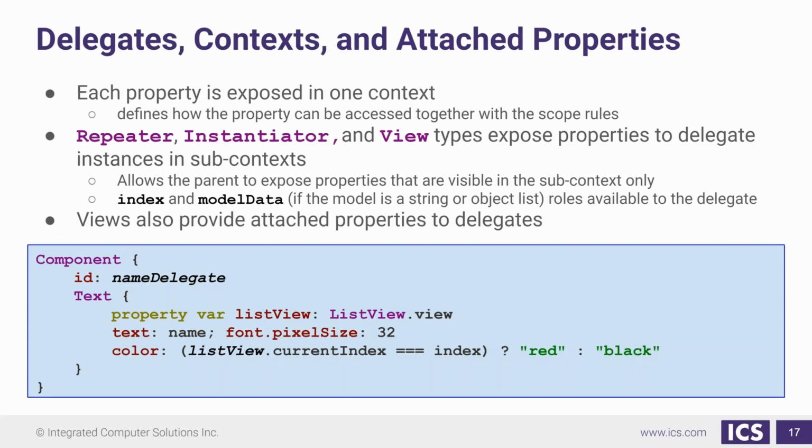We can use the index to set the color by getting the list view's view and then accessing the property of the list view that way. Now, we can emit a signal if it's clicked on or anything like that within the text itself, but we might want to know where it's coming from. So it's useful to have that index property there.